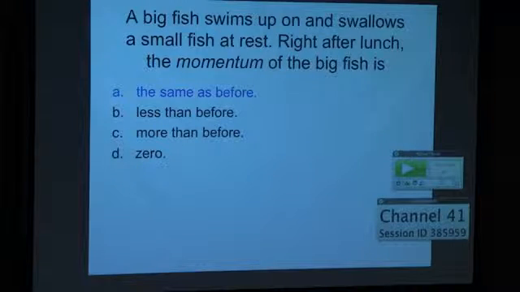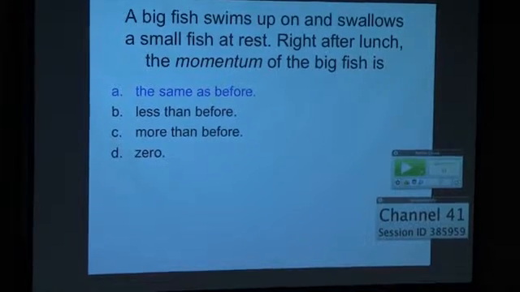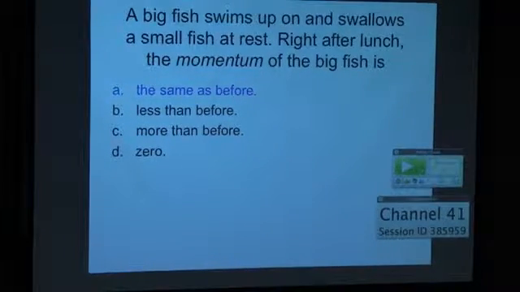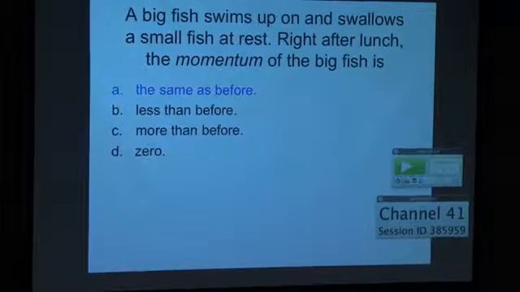So again, since the big fish's mass went up, the speed went down, and the total momentum stayed the same. But all the momentum started with the big fish, and it all ended with the big fish. So his momentum stayed the same, because that is where all the momentum is, because he ate the little fish. Does that help those that missed it?